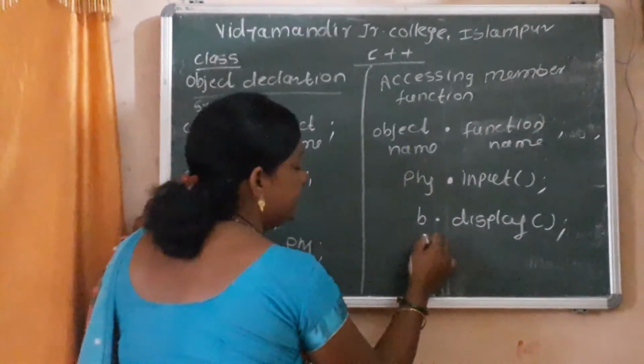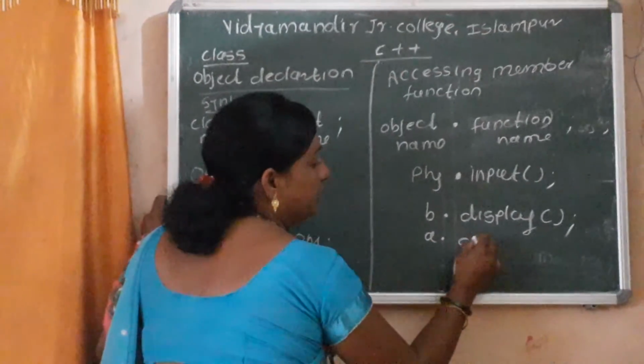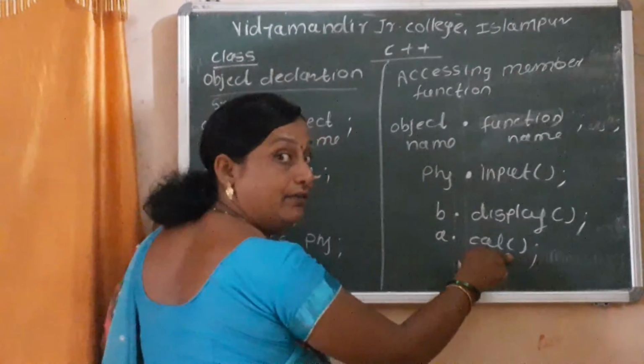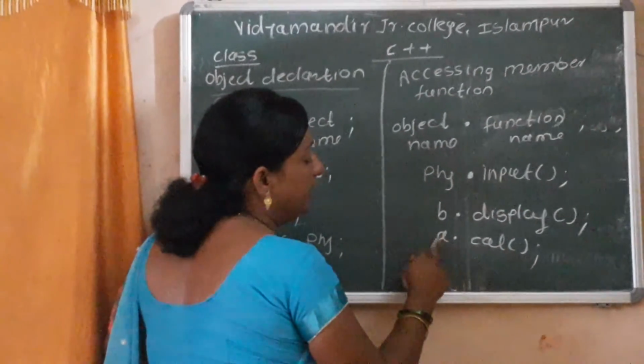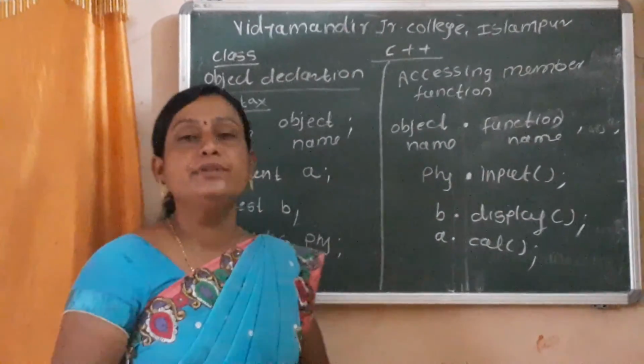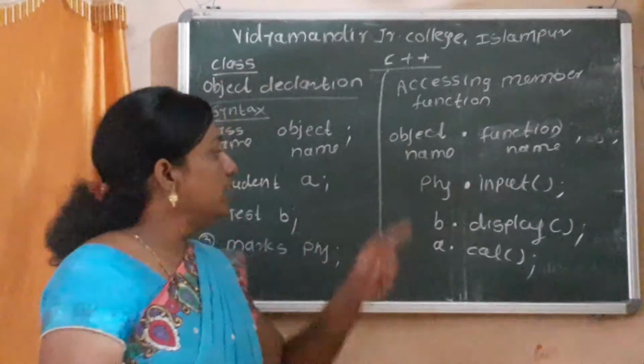If our object is a, for input calculation, suppose I use the cal function for a calculation: a dot cal. That is the method of accessing a member function in a class.